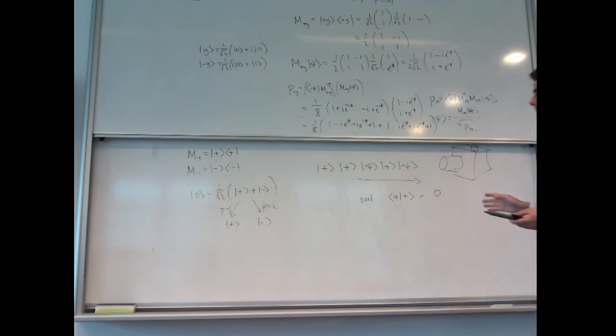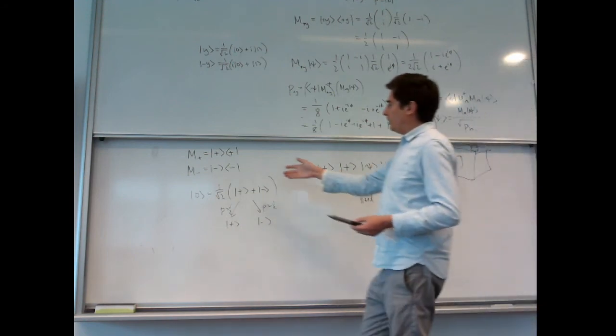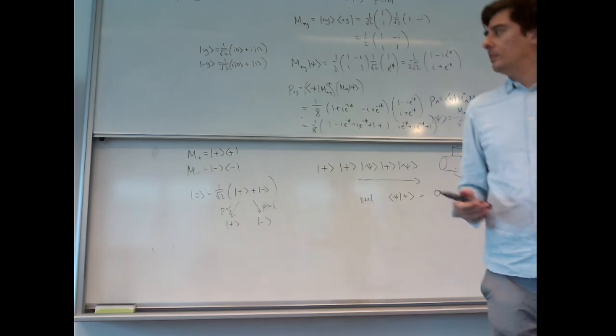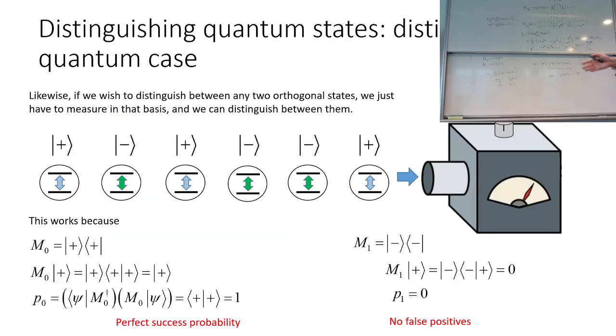And as long as we can do that, then we can construct some measurement operators, and then we have the situation that we had at the beginning, where these two states were perfectly distinguishable.